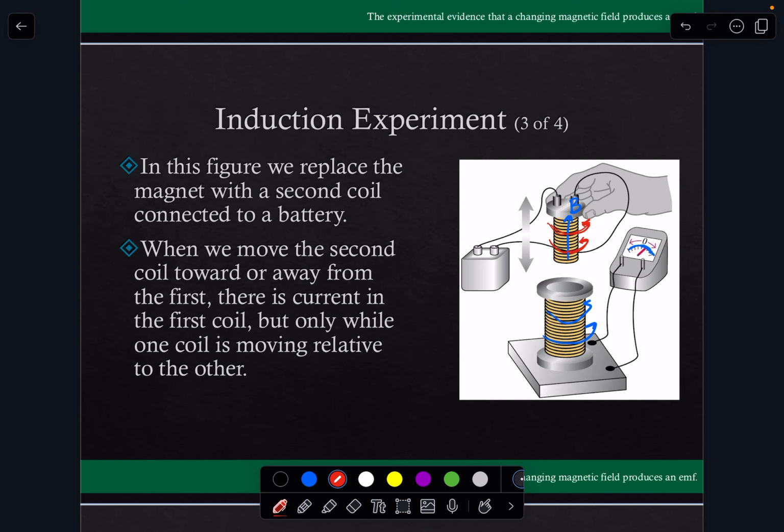And so this is simply a source of another magnetic field. And if we were to bring this source of magnetic field close to or farther away from this set of coils, we still get a current. So it doesn't matter what is creating the field. As long as there's a field and it's changing with time near these sets of wires, you're going to get an induced current.